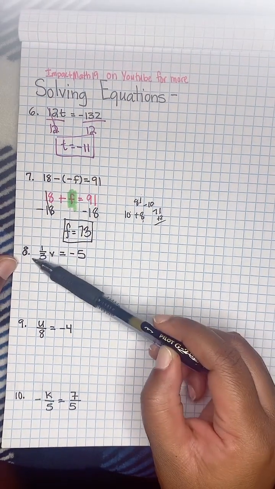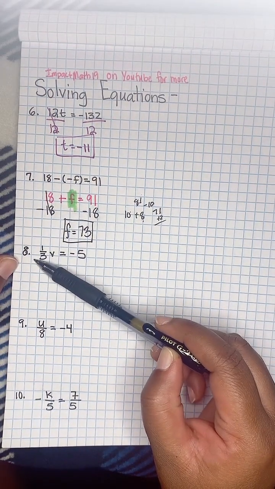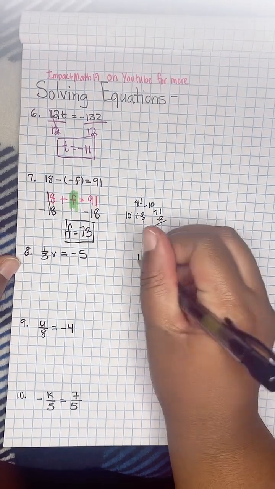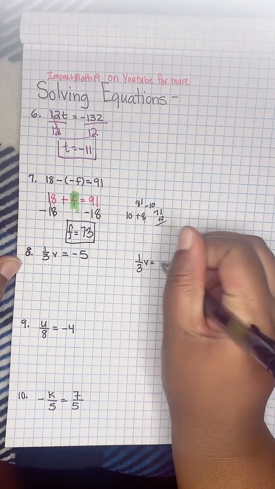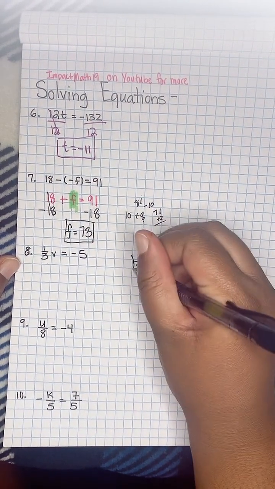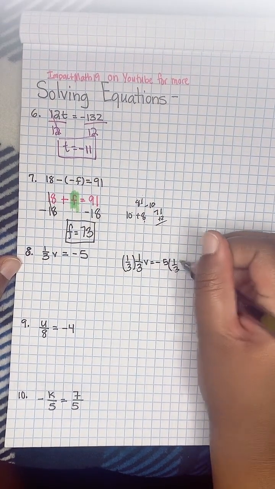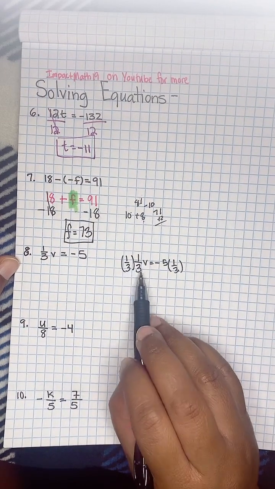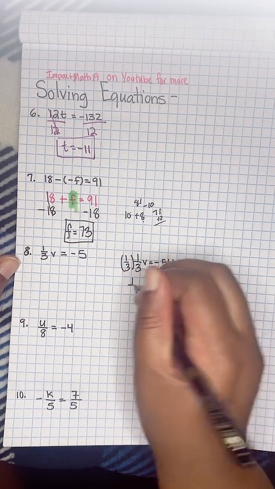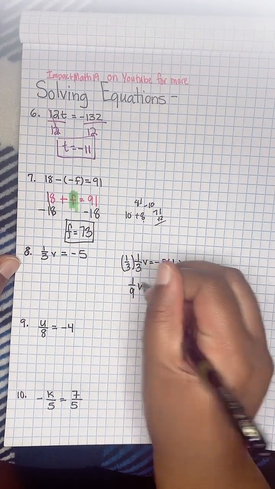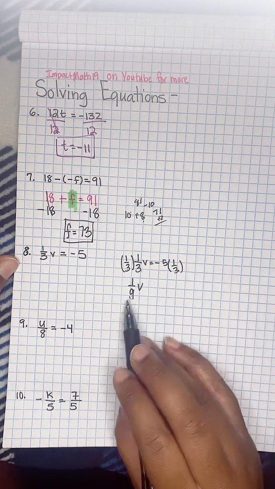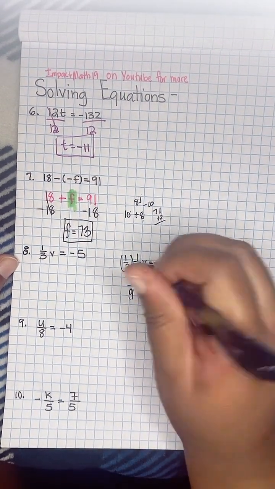Yes. See, I can't multiply by 1 over 3, and let me show you why we can't do that. Because if I multiply by 1 over 3 on both sides, this is not canceling. I get 1 times 1 and then 3 times 3, so I'm just making it bigger. We don't want to do this.